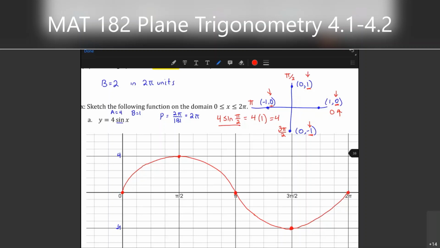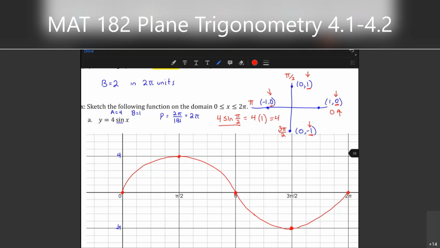Oh, okay. And so we're just expanding the amplitude to 4 instead of just 1. So everything on our unit circle would just be multiplied by 4, and that's where we get our amplitude. And you said we're able to find that out on the unit circle? Yep, those are just our points on our unit circle at each of those angles: 1, 0; 0, 1; negative 1, 0; and 0, negative 1. Okay, all right, thank you.